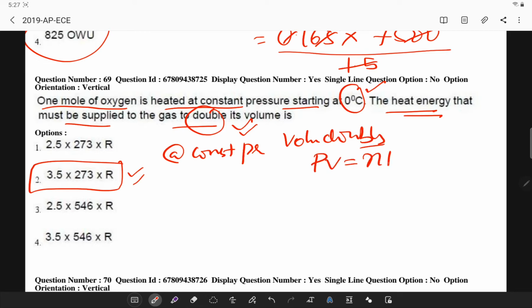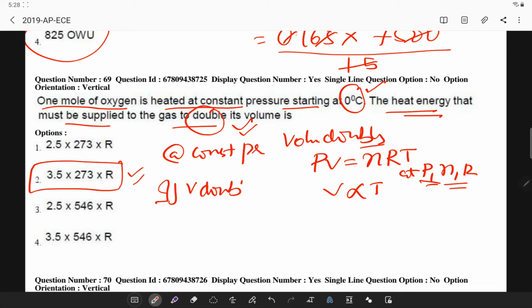So PV is equal to nRT. Here P and R are constants. When these are constant, V is proportional to T. So here the question is asking if V doubles, then T also will be doubling.